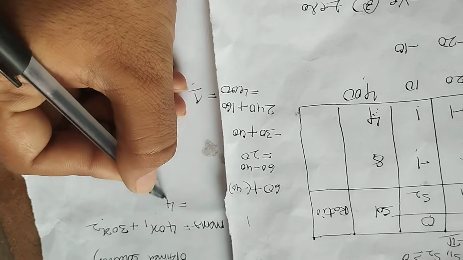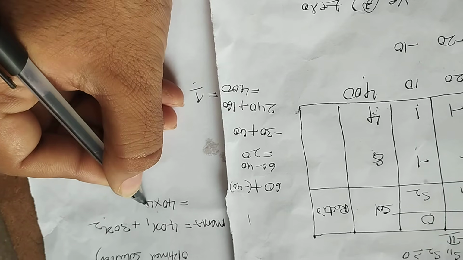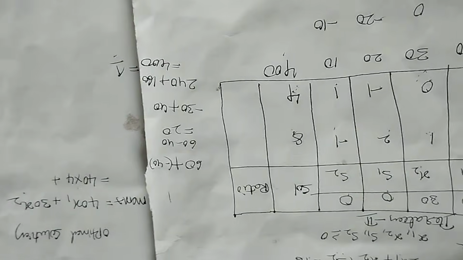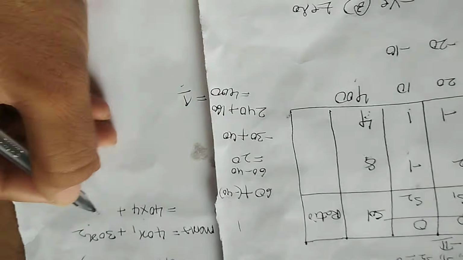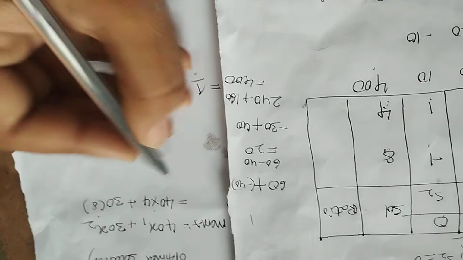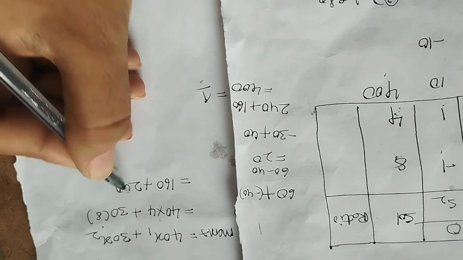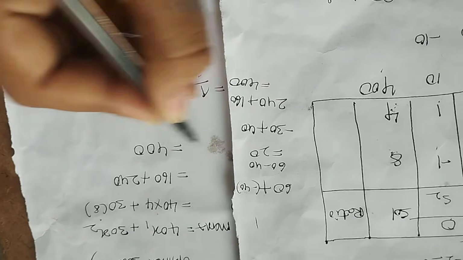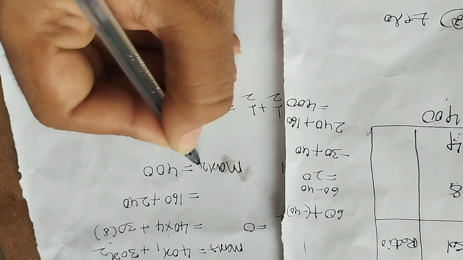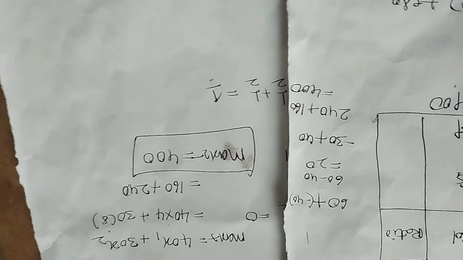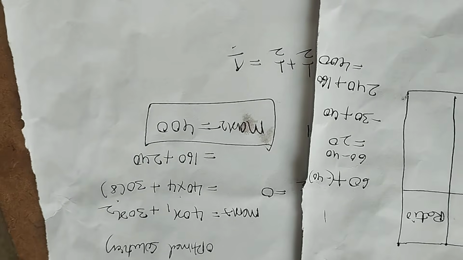Substitute that: 40 into x1 which is 4, plus x2 value is 8, that means 30 into 8. See here, 160 plus 240, that is equal to 400. Max z is equal to 400 is the optimal solution.